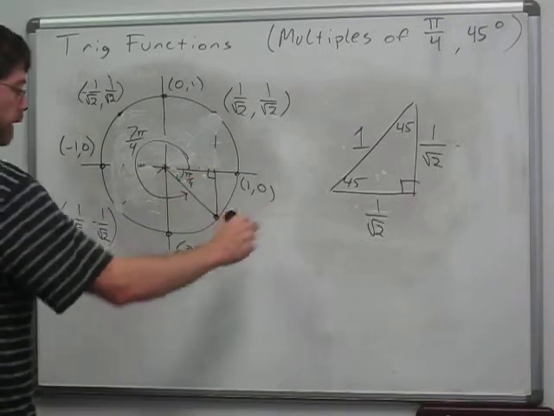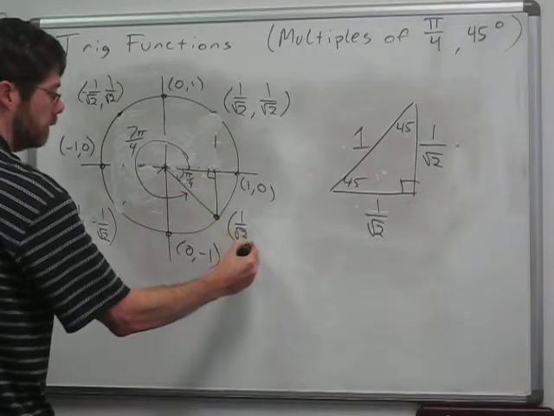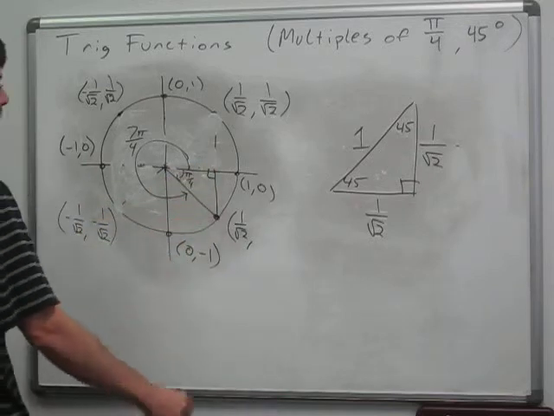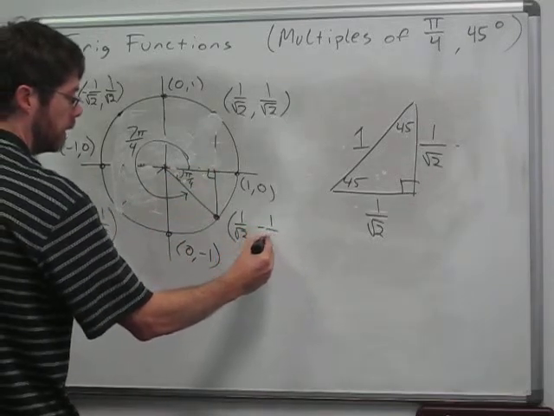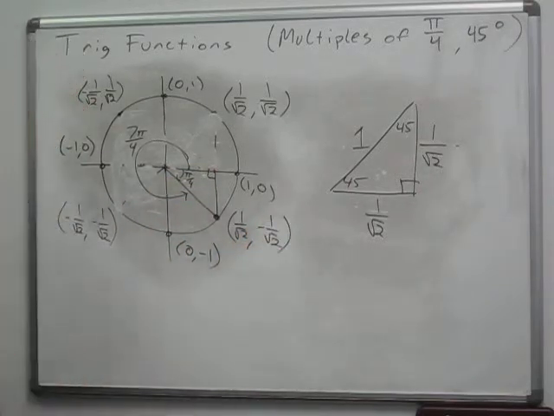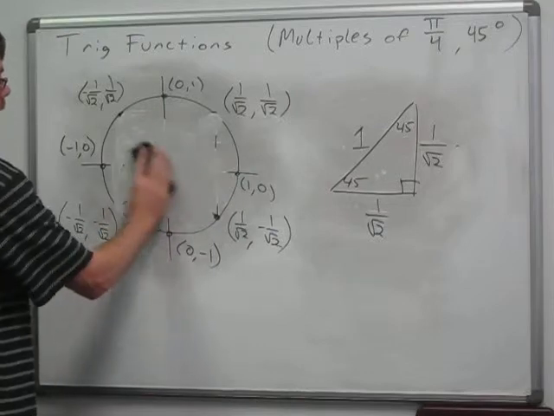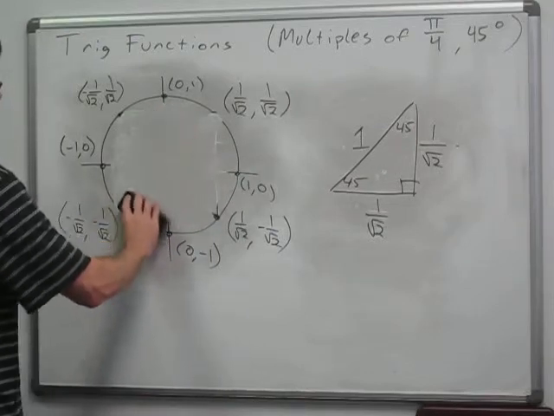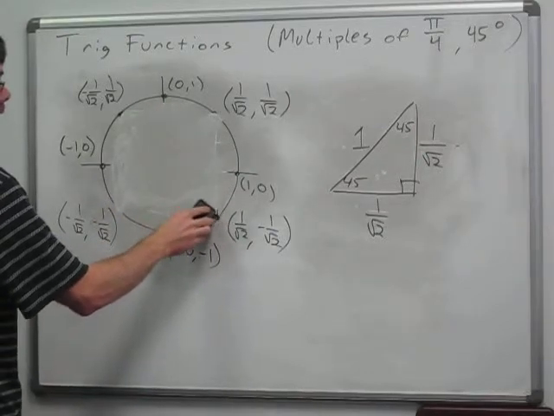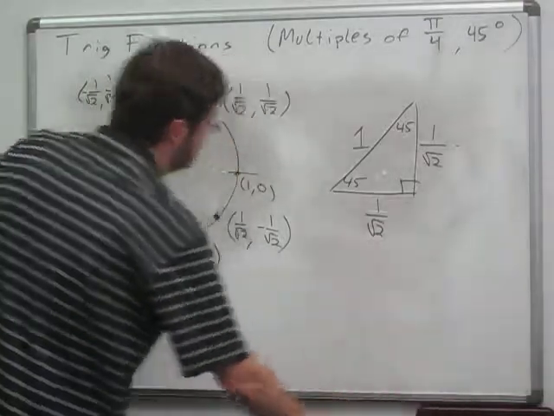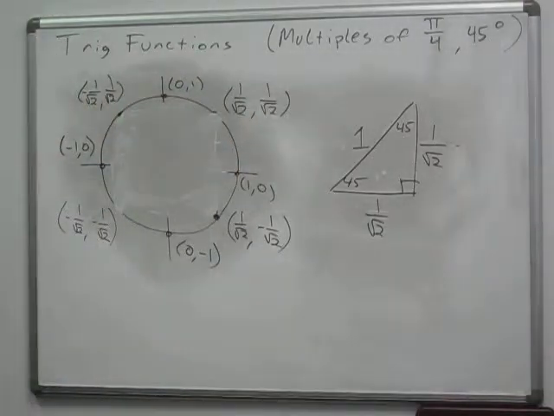The length of this leg is 1 over radical 2. The y-coordinate is in the negative direction. Its length is 1 over radical 2. Okay. So the points on the circle associated with multiples of pi over 4 are depicted right here.